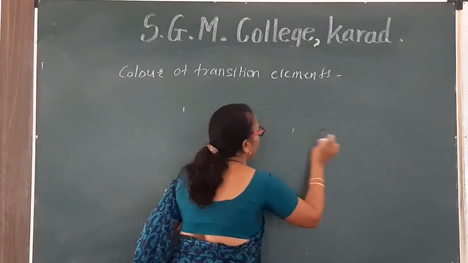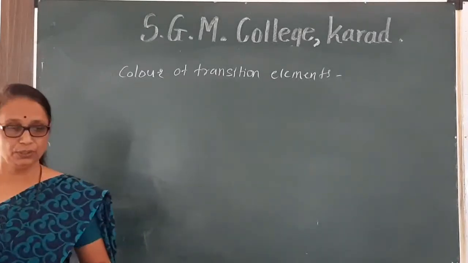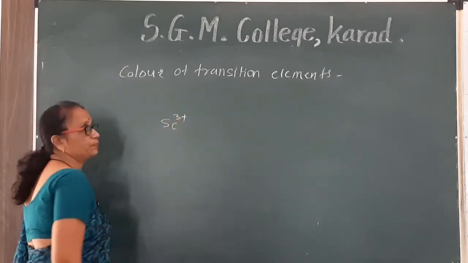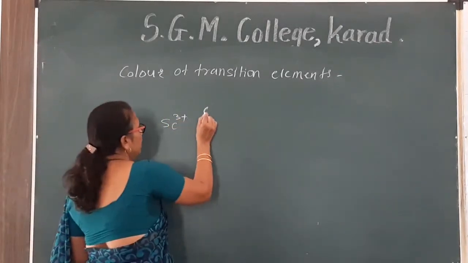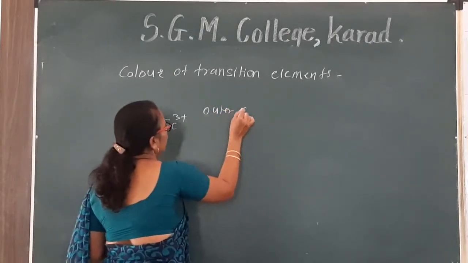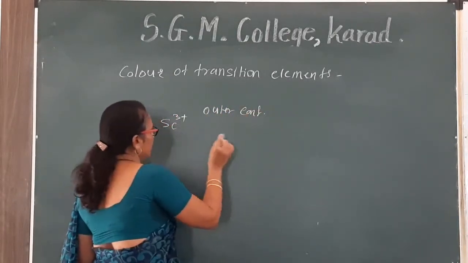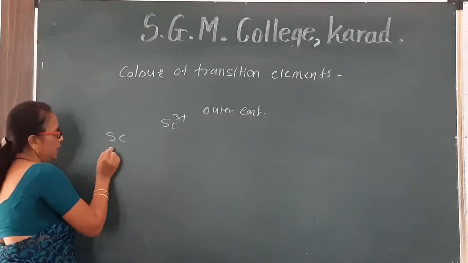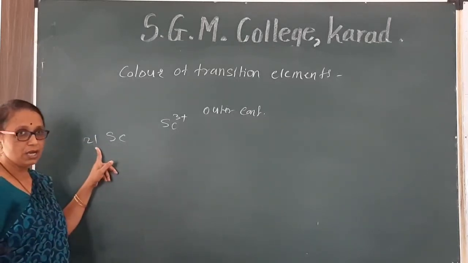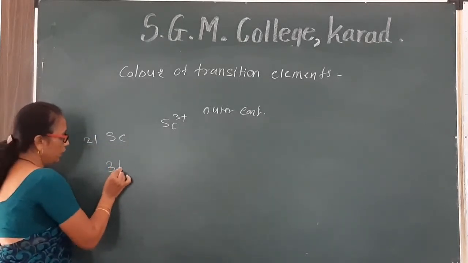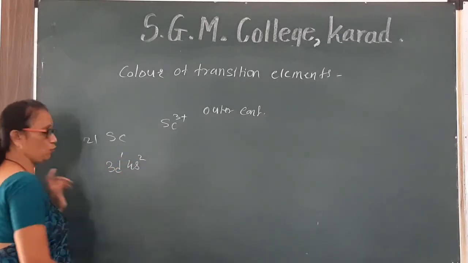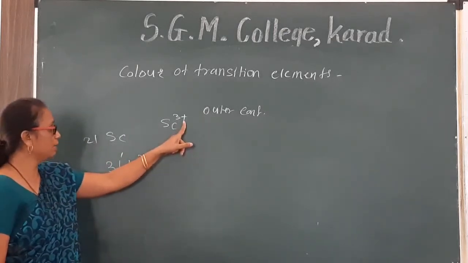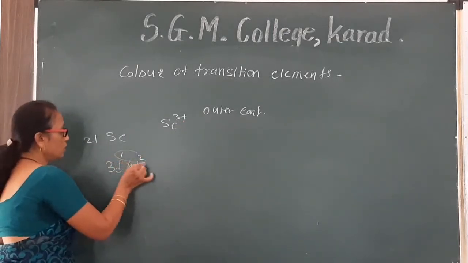How to find the color? Consider the ion scandium 3+. What is the outer electronic configuration of this? As it is the first element of the 3d series, atomic number 21, outer electronic configuration is 3d1 4s2, right? Scandium 3+ means there is a loss of 3 electrons.